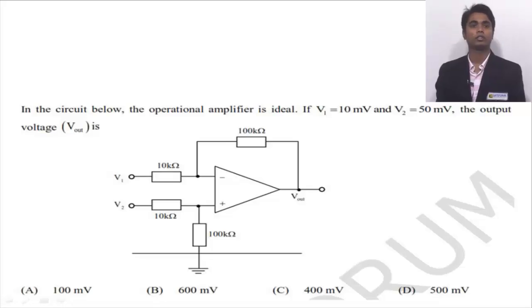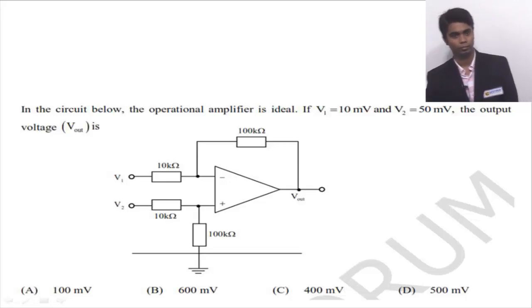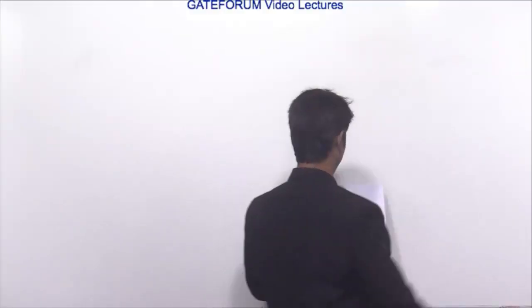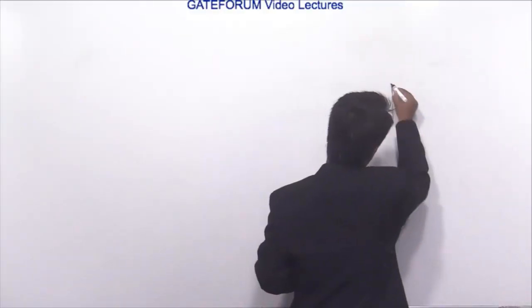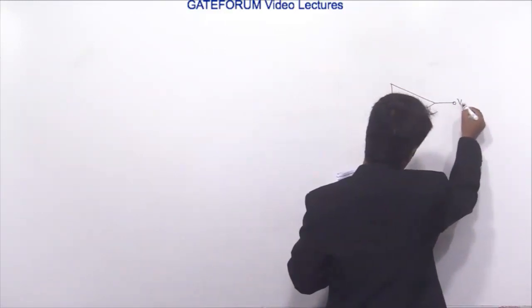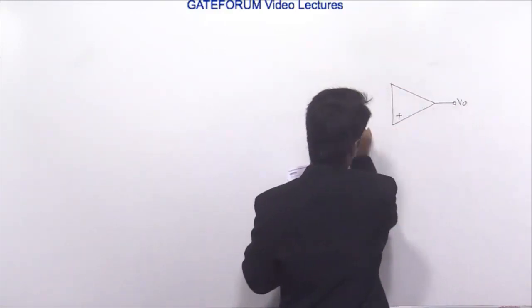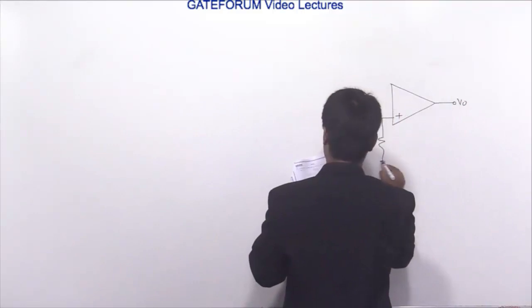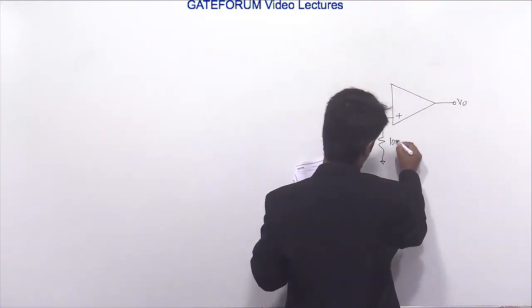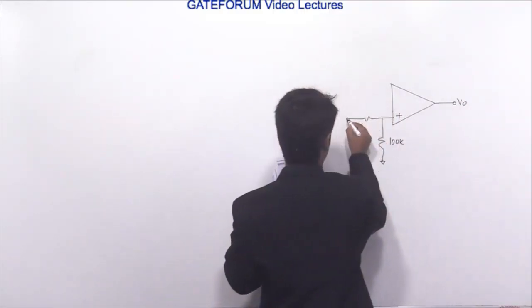Next, in the circuit shown below, the operational amplifier is ideal. If V1 equals 10 millivolt and V2 equals 50 millivolt, the output voltage is? See, this numerical is very simple. This is VO. Here it is 10K, here it is 100K, here it is 10K.